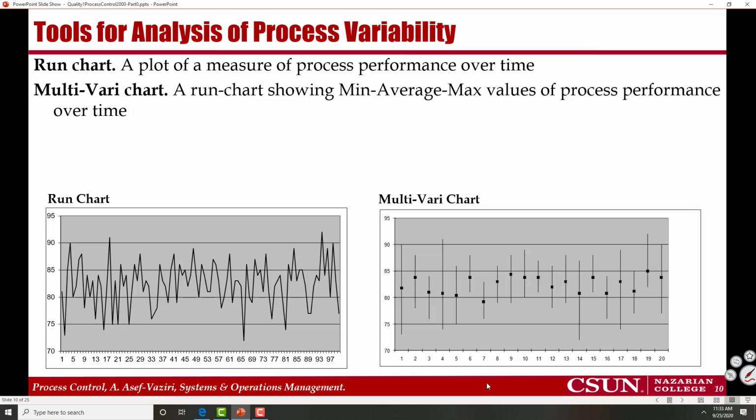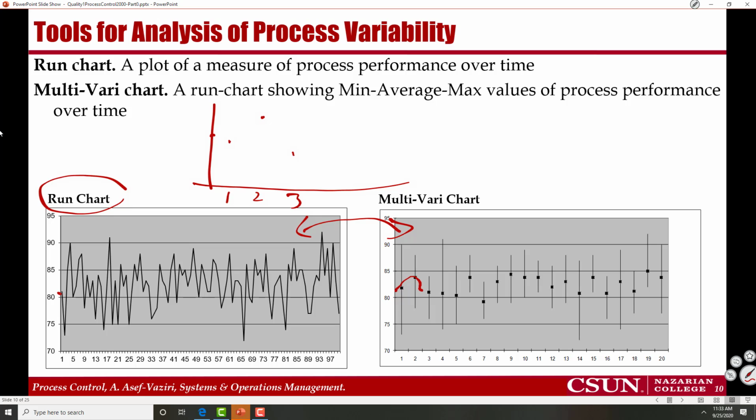Then I have a run chart, which shows the average of observations over time. For example, suppose every week we have a quiz, and then I have quiz 1, quiz 2, quiz 3, and then I draw the average of each quiz. The difference between the run chart and the multi-vari chart is that, besides the averages, we also represent the maximum and minimum over time.